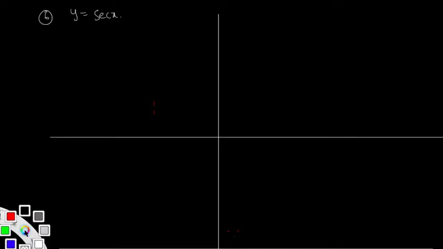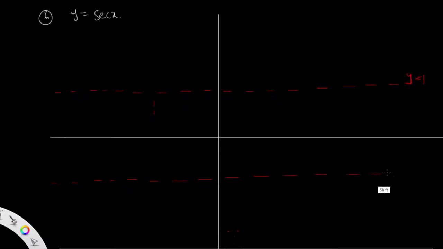It also does not lie in the interval minus 1 to plus 1. That is the line y equal to 1, and similarly the line y equal to minus 1. And every pi by 2.